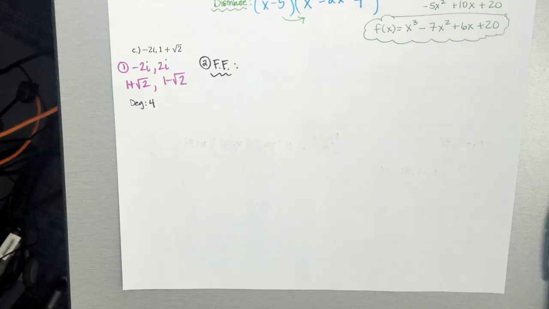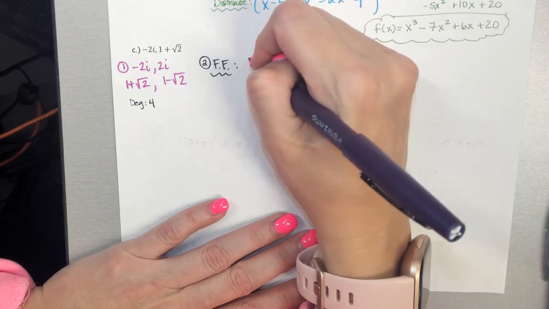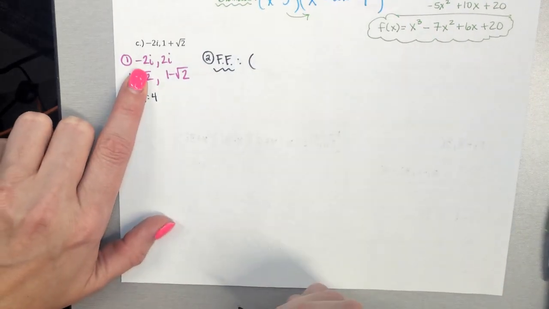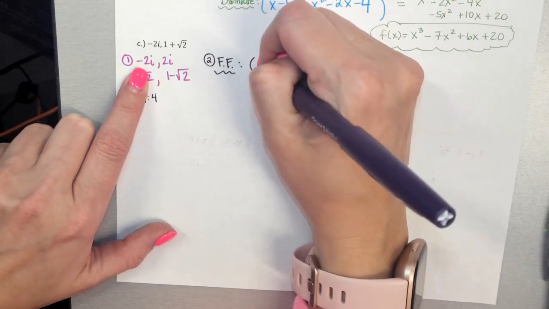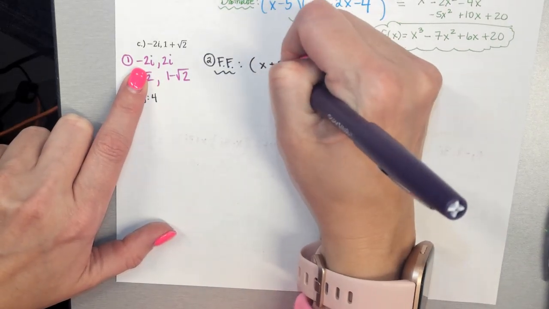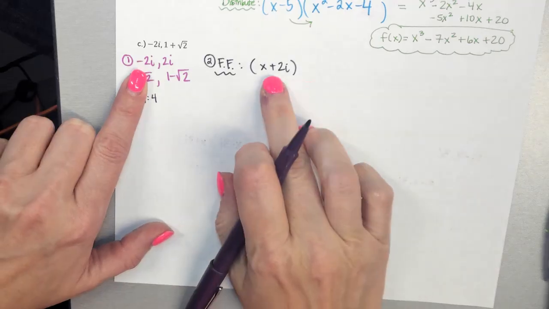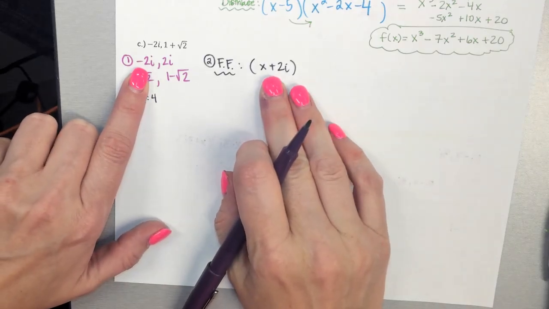Yep, your form for the factors is always x minus, and then when you distribute, we simplify. Whenever you have a negative and it's just one term, we simplify that in our head. So when you're doing the factor form, if you do x minus a negative, what does that become? Plus. So we're doing that part in our head. That's why it's plus. It really is minus the negative.